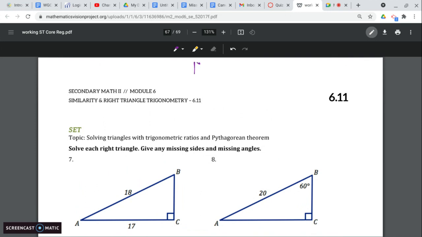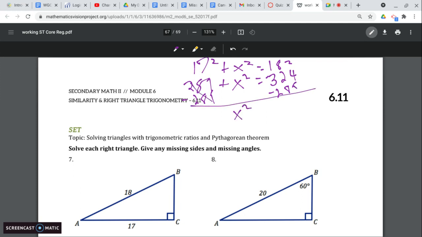So we've got 17 squared plus x squared equals 18 squared. 17 squared is, I believe, 289. Yep, 289 plus x squared equals 18 squared, which is 324. We subtract the 289.